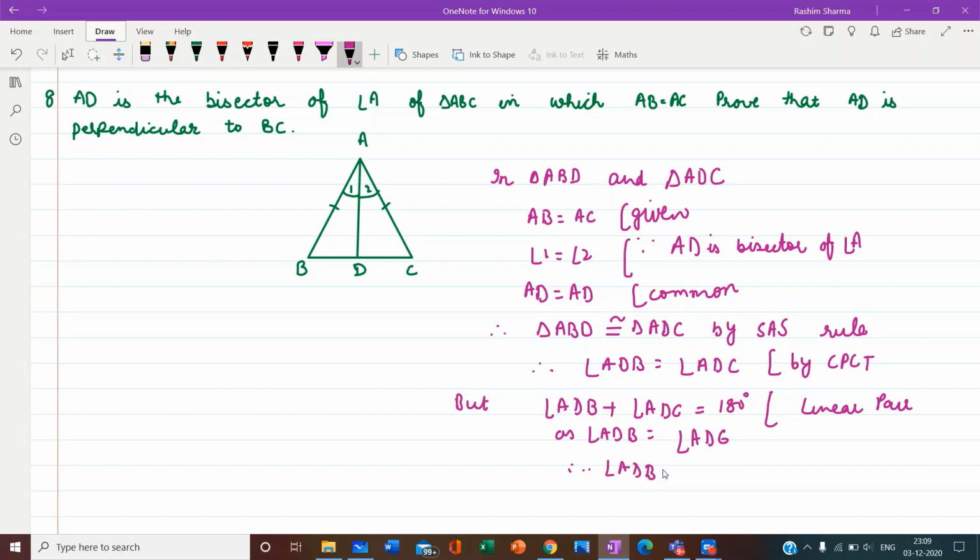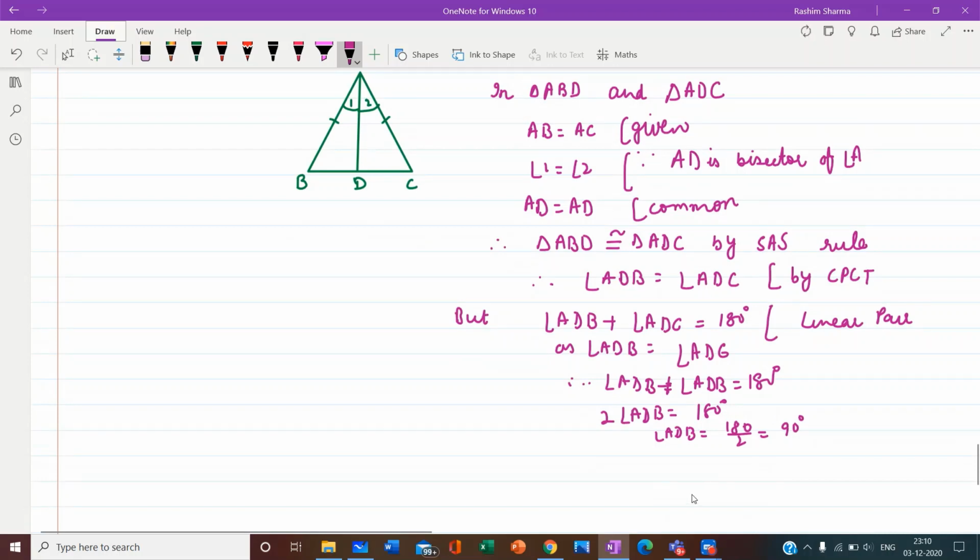Therefore, angle ADB plus angle ADB is equal to 180 degrees. So 2 times angle ADB is equal to 180 degrees. So angle ADB is equal to 180 upon 2, which means 90 degrees. So angle ADB is equal to angle ADC is equal to 90 degrees each.